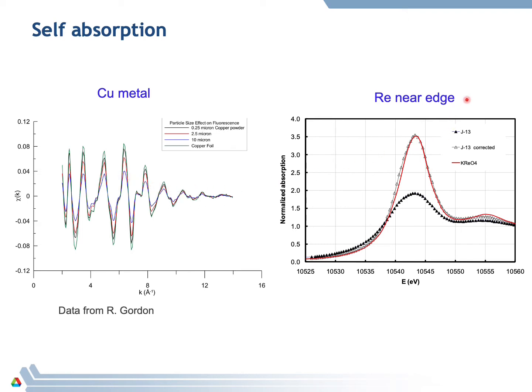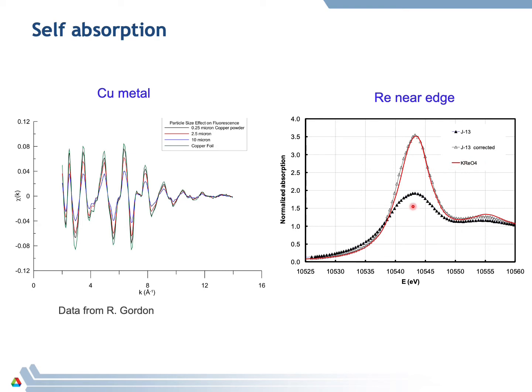Another case is rhenium near-edge data that I took. In this case, it was pretty much a concentrated sample of rhenium, pretty much no transmission. The black curve is what we actually measured. The red curve is what we thought was in the sample.